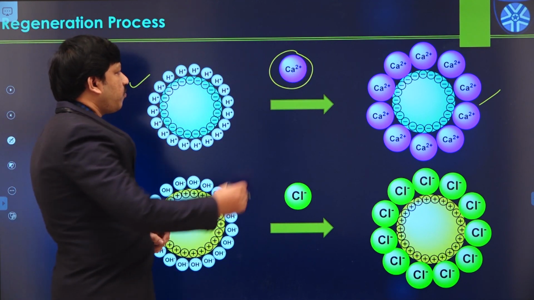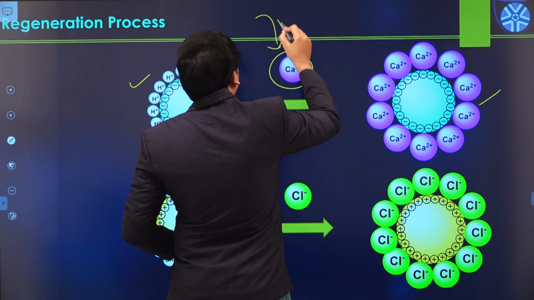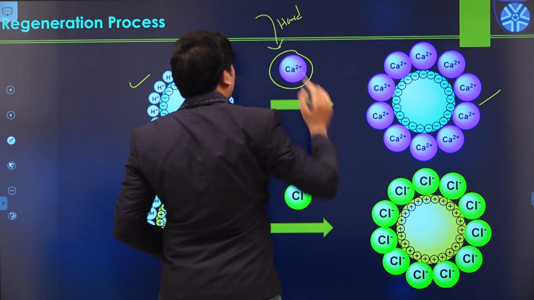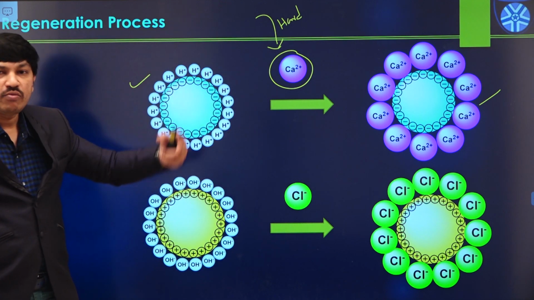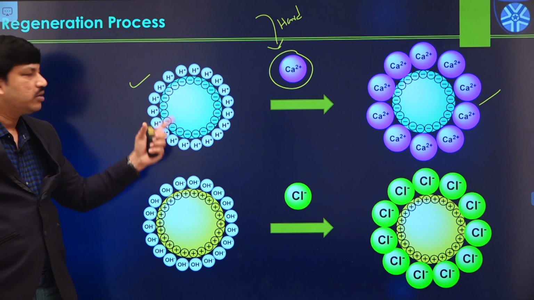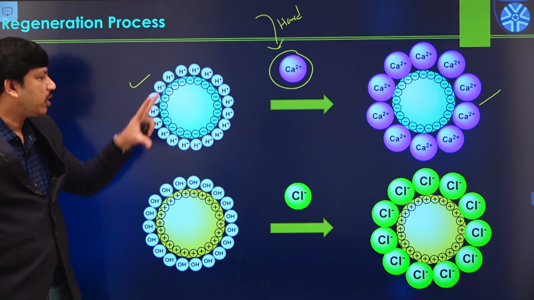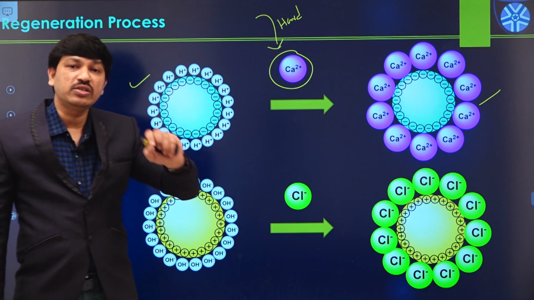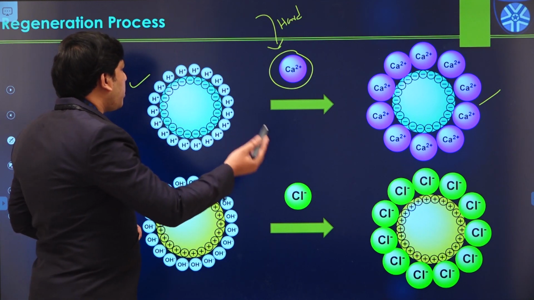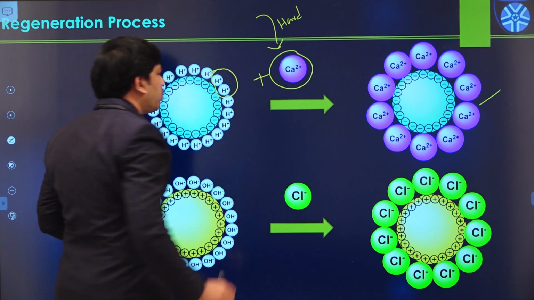At that time, if you are still providing the hard water sample, we are sending hard water continuously toward the cation exchange resin, but this resin contains only a fixed number of protons. Generally, for one calcium cation, we need 2 protons.